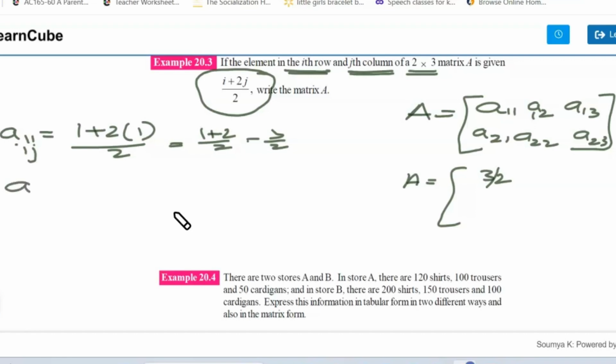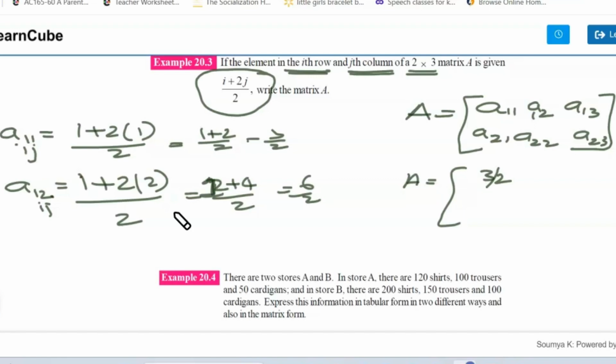In that case, 1, 2 will be substituted in this equation: 1 plus 2 into 2, j value is 2 here, so 1 plus 4 is equal to 5 by 2. It means the second element is 5 by 2.